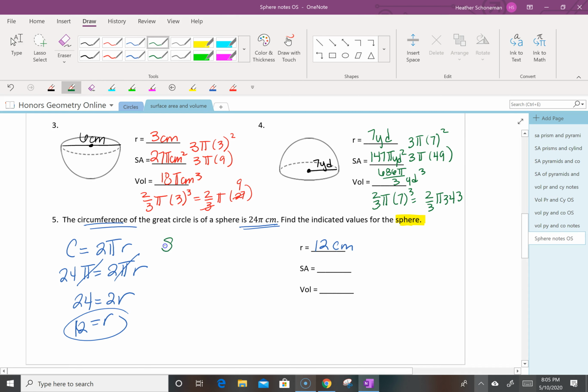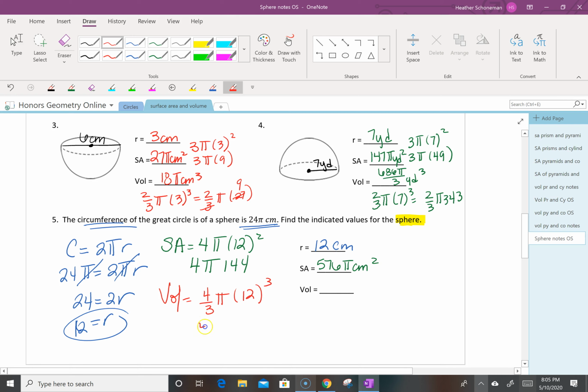Okay, surface area of the sphere, 4 pi times 12 squared. So 4 pi times 144. 144 times 4. I typed that wrong. 144 times 4. That looks better. 576 pi centimeters squared. Volume of the sphere is going to be 4/3 pi times the radius cubed.